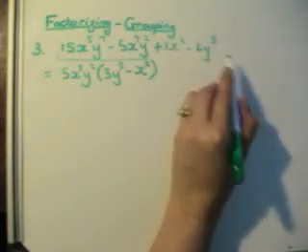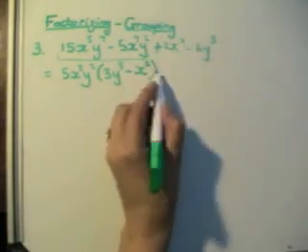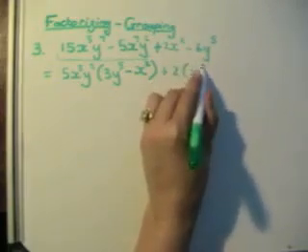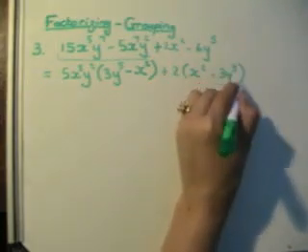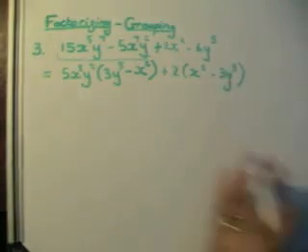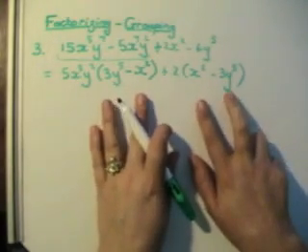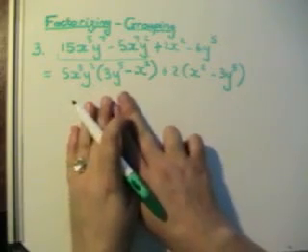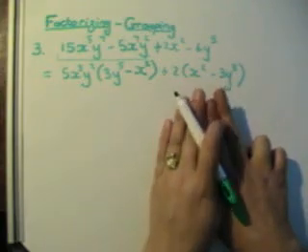And then here I can take out 2 actually, and I'm left with x squared minus 3y to the power of 5. Now look at what happens here. These brackets have something similar, but they're not in the same order. Can you see here I have 3y to the power of 5 minus x squared, and here I have x squared minus 3y to the power of 5.